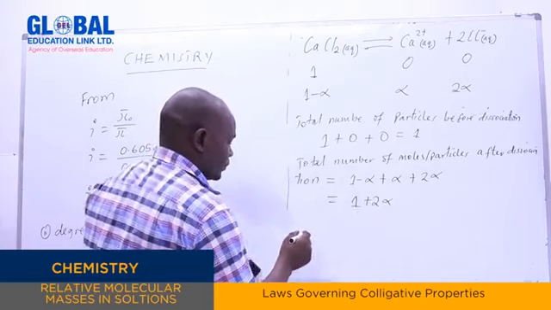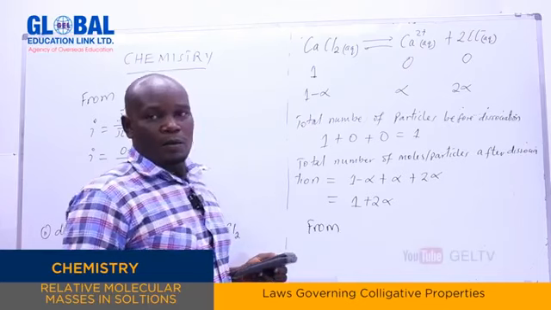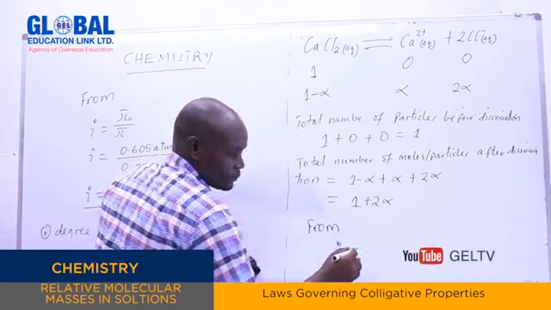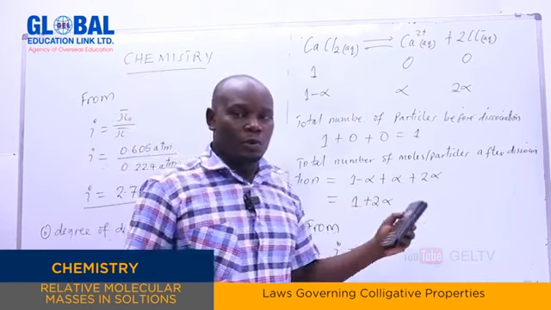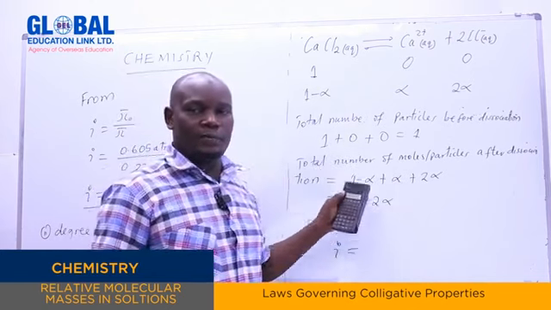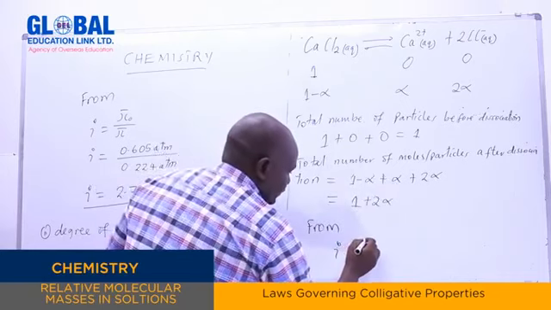Now from Van 't Hoff's factor, the total number of particles after dissociation divided by the total number of moles of particles before dissociation.